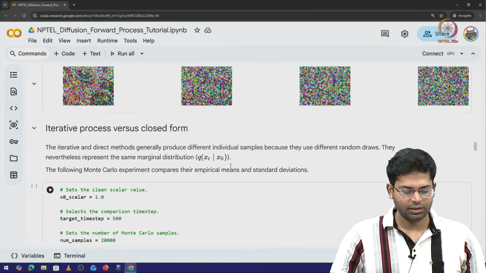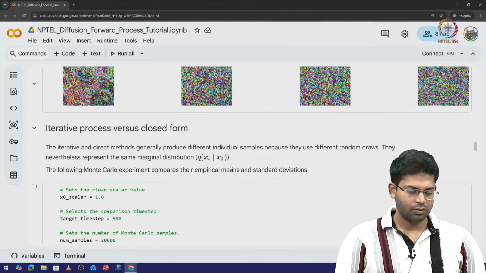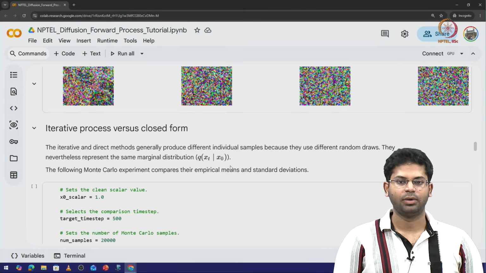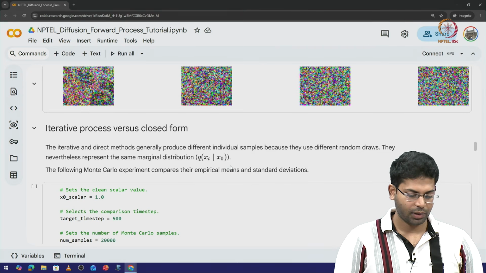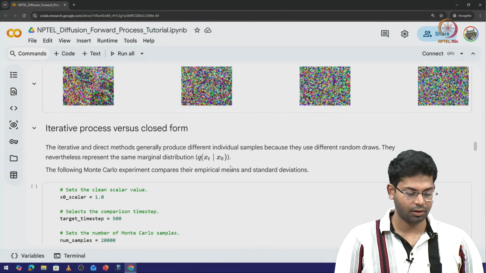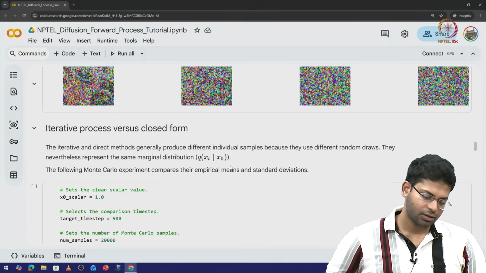Now the important question you will have is how they compare. We had a closed form expression of q(xt given x0), and a forward diffusion process based on that. But based on the Markov chain interpretation of the diffusion process, you can also get the original image to noise conversion steps. Now, how do they differ from each other?